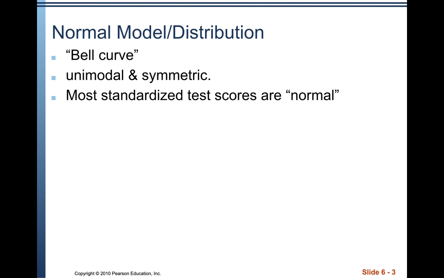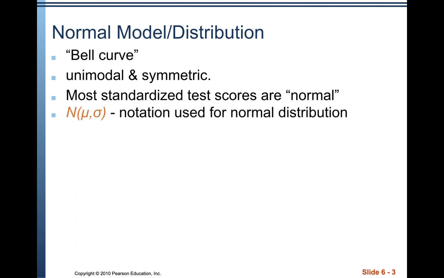If you were to graph all the scores, they would most likely resemble a bell curve. You have a few people that do really well, a few people that do not so well, but most of the scores are somewhere in the middle, and that's what a bell curve or a normal distribution is.